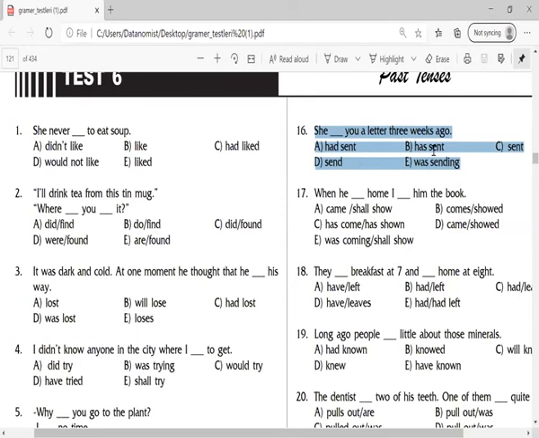Had sent, has sent, was sending. What is your answer, guys? If you say had sent, you're wrong because there is only one action. Not even has sent. Has something to do with the present. So answer is C. She sent you a letter 3 weeks ago.